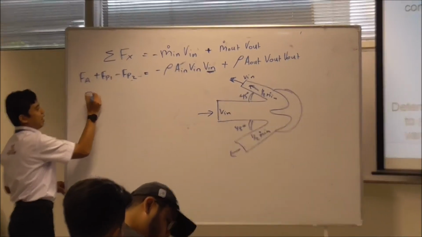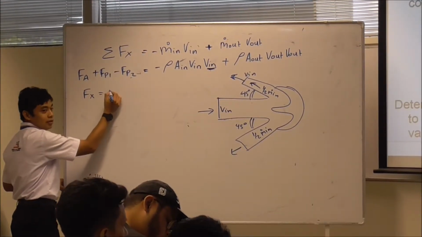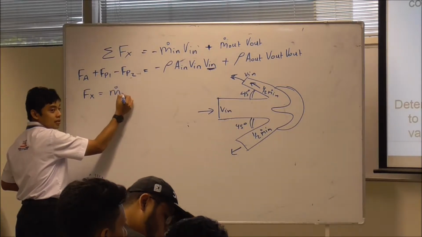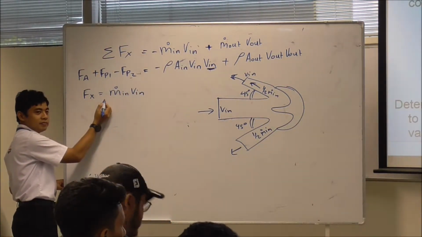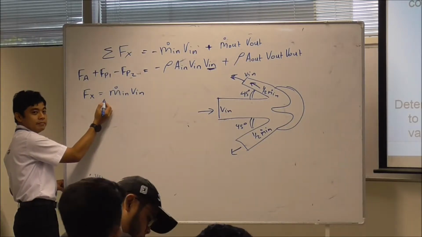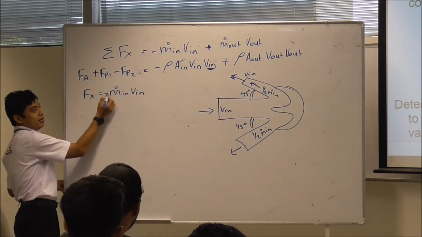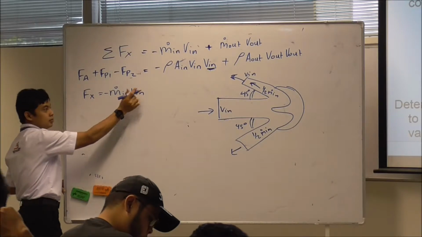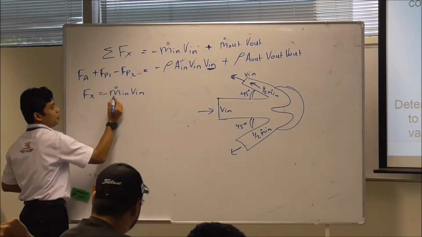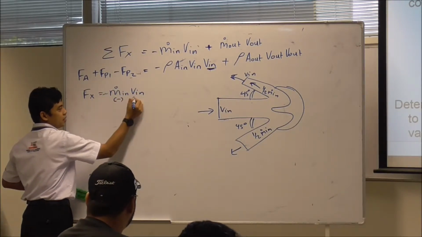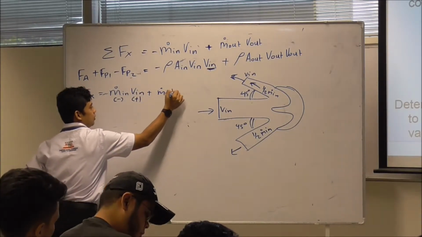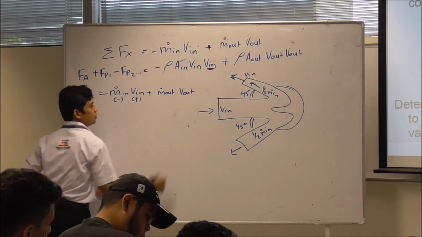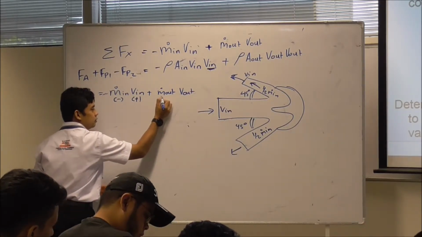We got Fx is equal to m dot in, V in, positive or negative? Ladies and gentlemen, negative, V in. Let me do this. This is negative, this is positive. Plus m dot out, V out. Okay, m out.